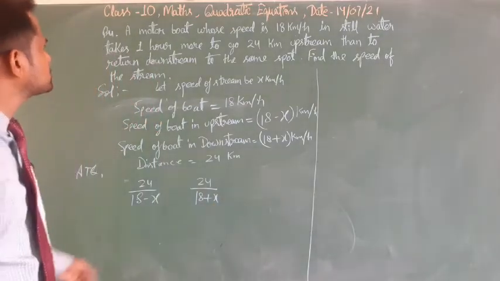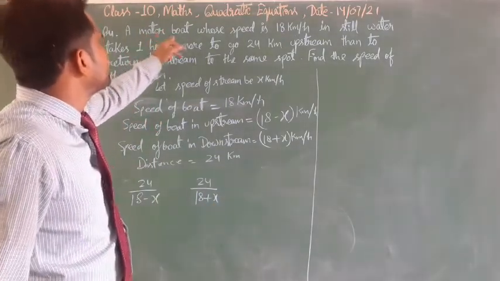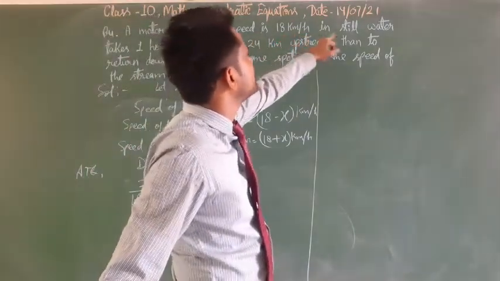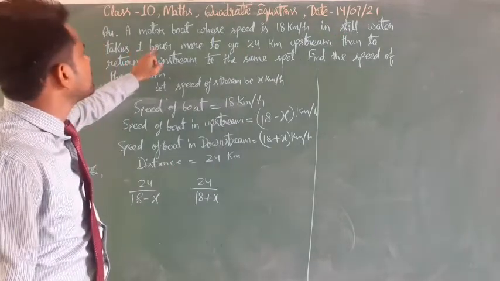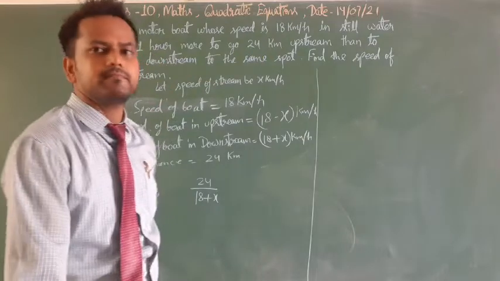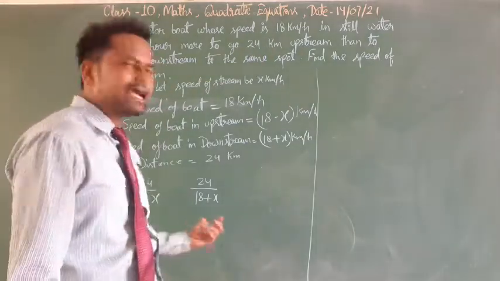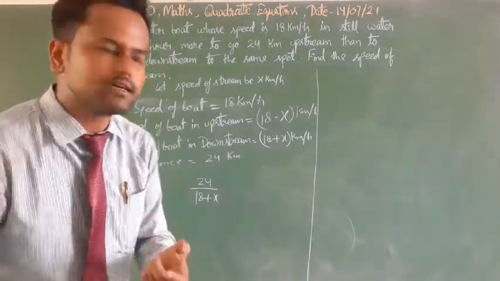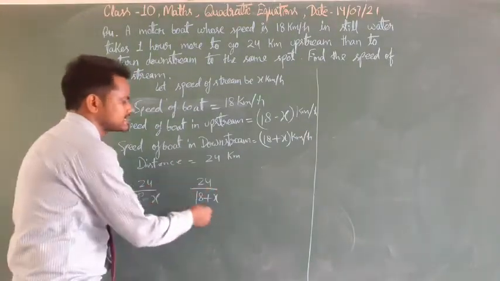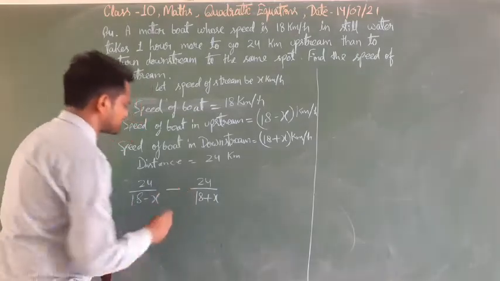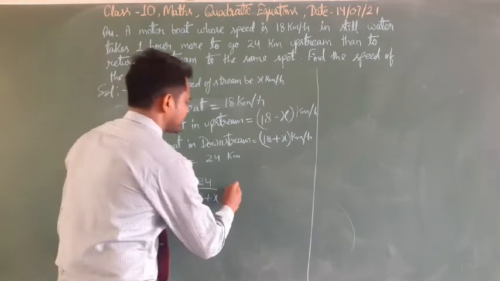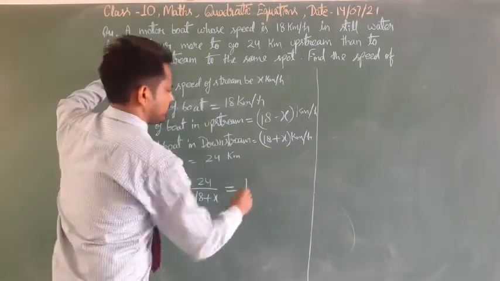So according to the question, a motorboat whose speed is 18 km per hour in still water takes 1 hour more to go 24 km upstream. Time taken in upstream is greater. So this time is greater and this time is smaller. If you subtract smaller time from greater time, then we get the difference, that is 1.